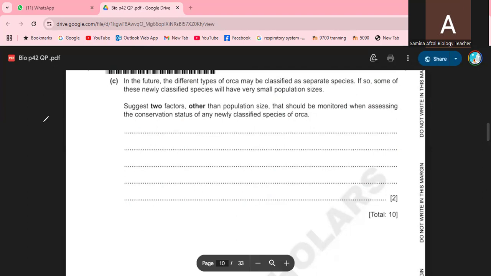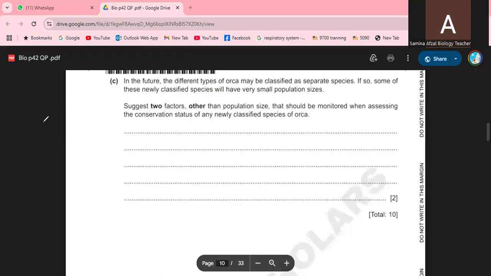If the different ecotypes of orca, like those in the Northeast Atlantic and the Southern Oceans, are eventually classified as separate species, some of them might indeed have small population sizes, making them more vulnerable to extinction. If the population size is small, they are on the verge of extinction, so they are the most vulnerable species.